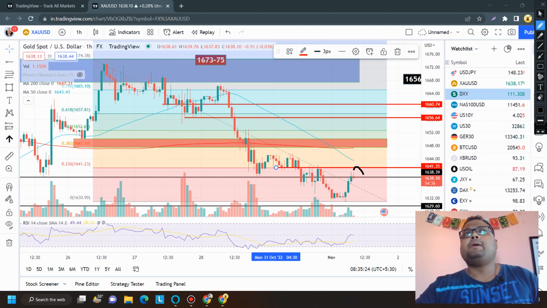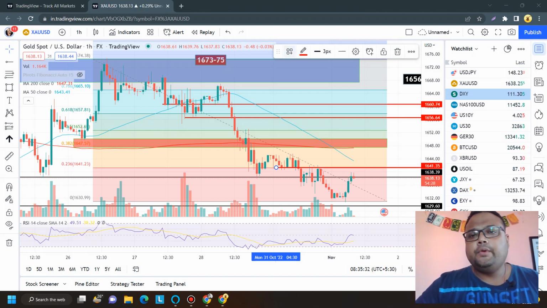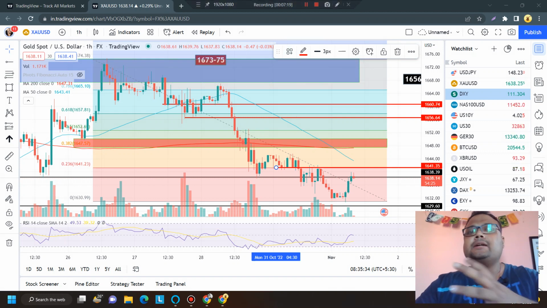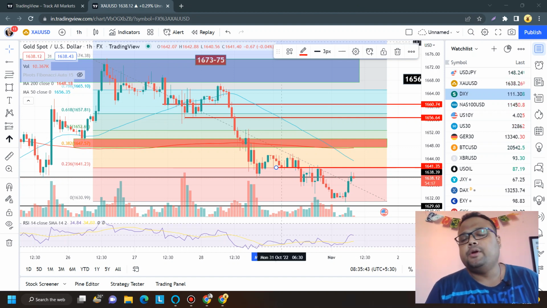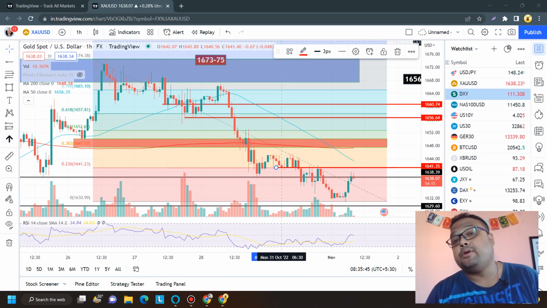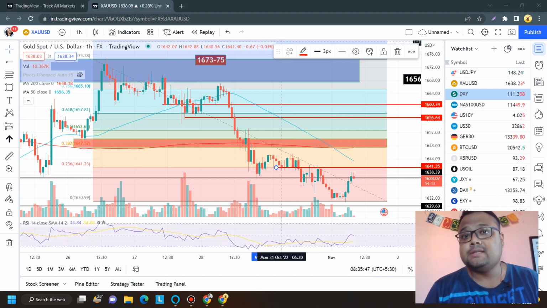But to be honest, in this market scenario, when we do not have a clear picture about the direction of the market, I prefer to take positions on Fibonacci 38.2, Fibonacci 50%, or Fibonacci 61.8% retracement levels only.